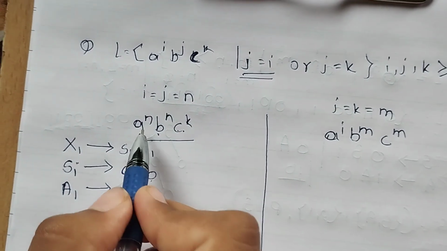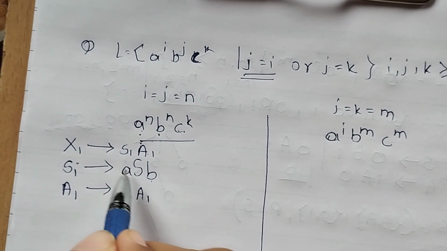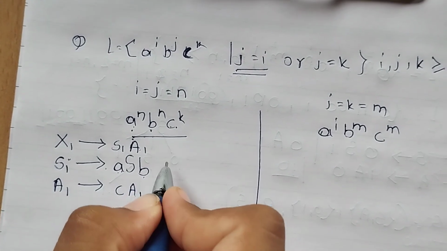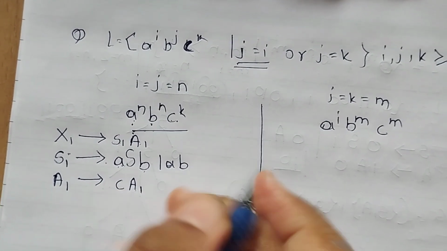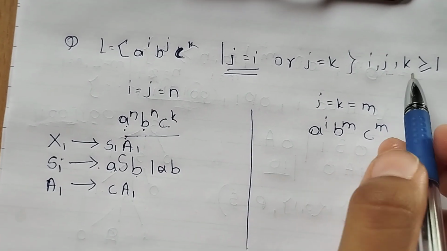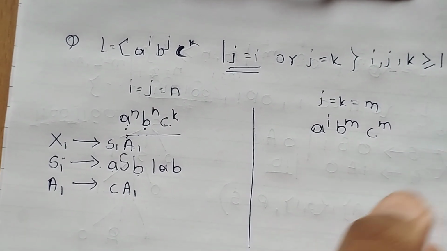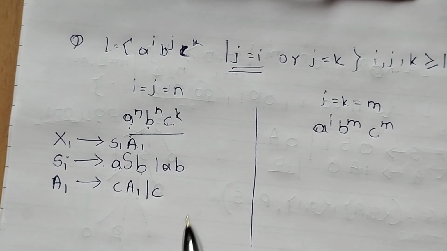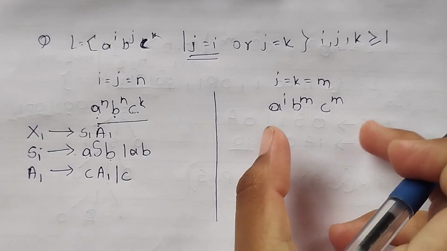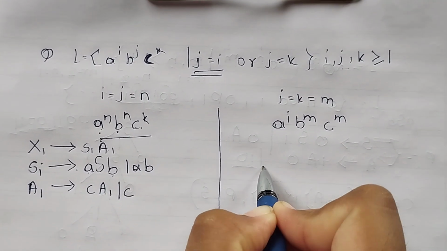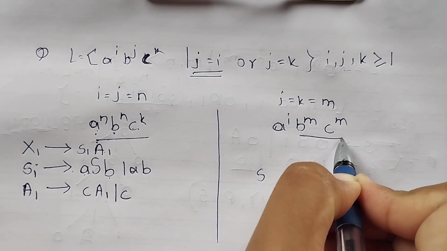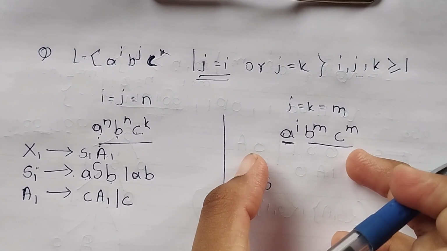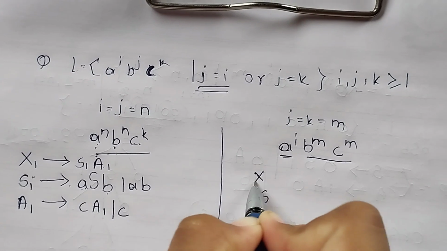So for this condition, a raised to n, b raised to n, I write this S1 production, meaning n number of a and b are equal, or simply ab is also possible, because i and j can be single a and b, also equal, greater than or equal to 1, or here simply c is also possible. Now we write for this.